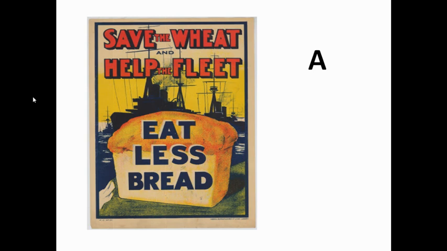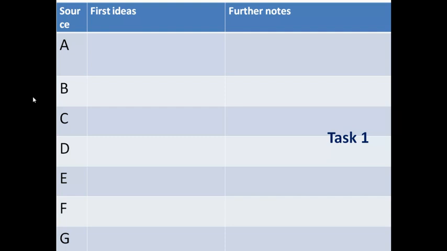So now you're going to make a little table. I'm just going to show you how that would be. You're going to make a table like this, and when you see each source for the first time, you're going to write down your first ideas, just anything that you can notice. Try and use your observation skills that we've discussed before.